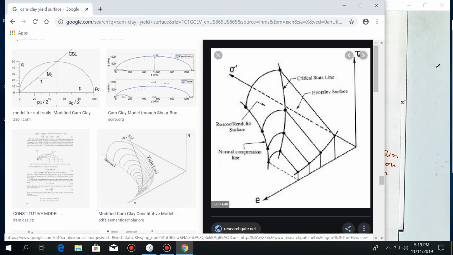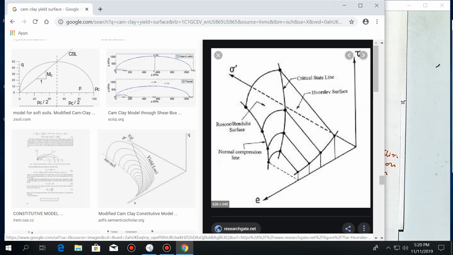So in here, for example, it's in the other direction, but we have the void ratio. Here we have deviatoric stress, and here we have mean stress. Here we have the isotropic consolidation line. Here we have this line in 3D, which is actually the true critical state line. The other one is just a projection of the critical state line.